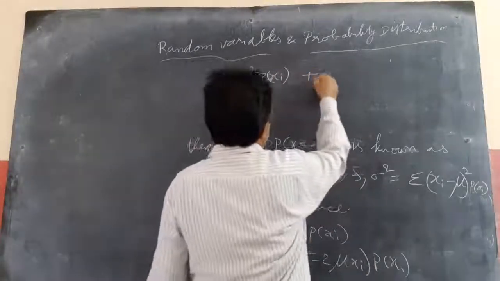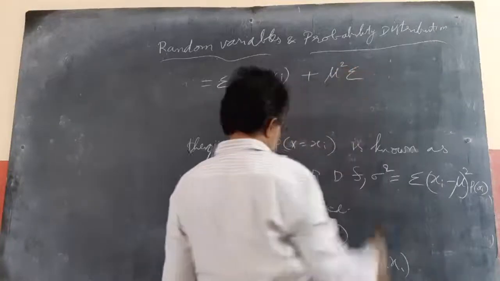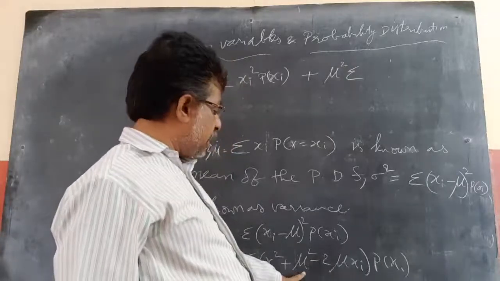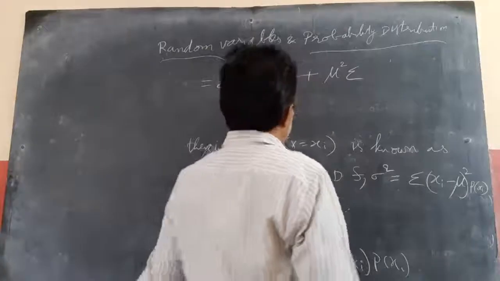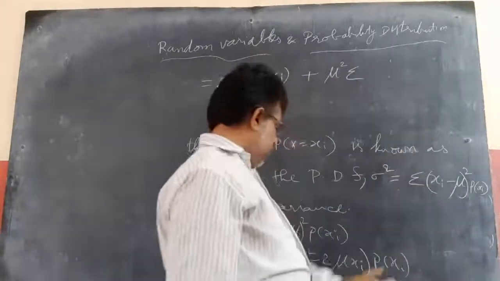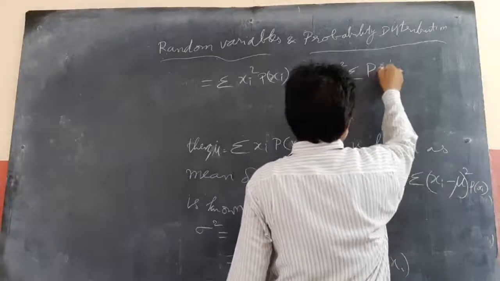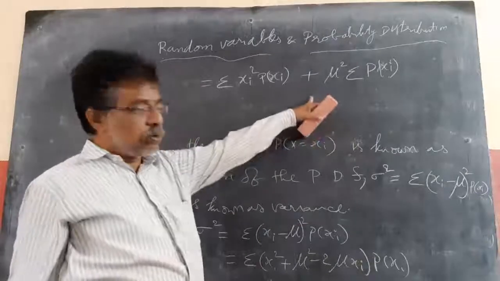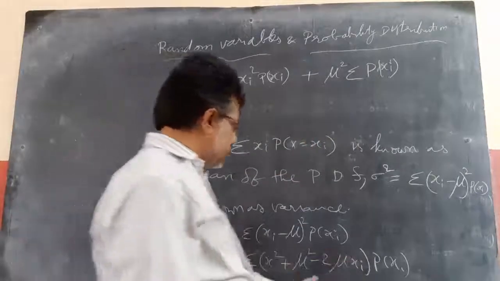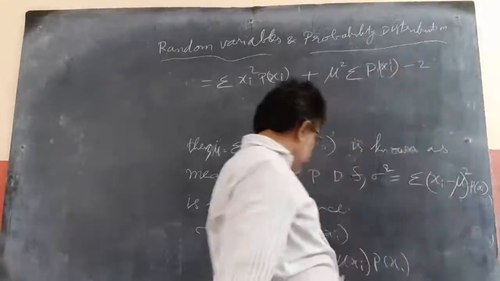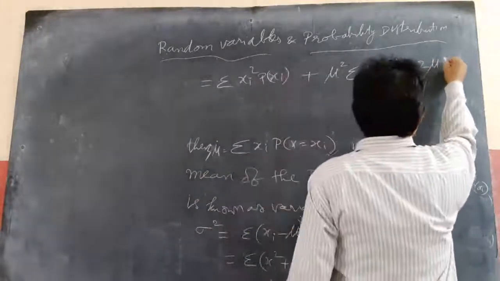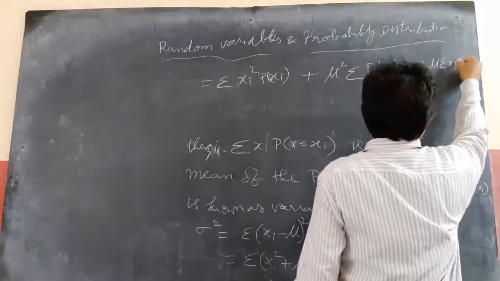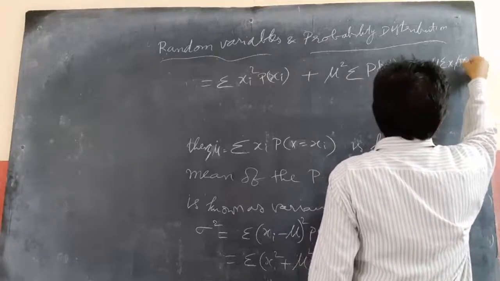I can write mu outside the sigma because mu is a constant, mean we have already discussed. Mu square is a constant, so I am writing it outside the sigma, and 2 mu is also a constant.